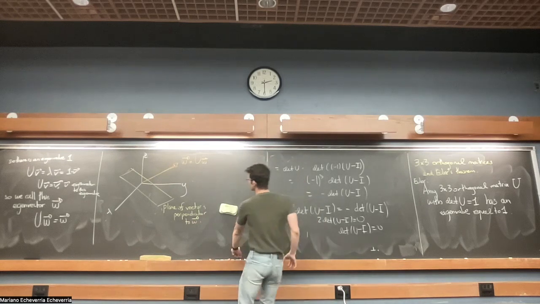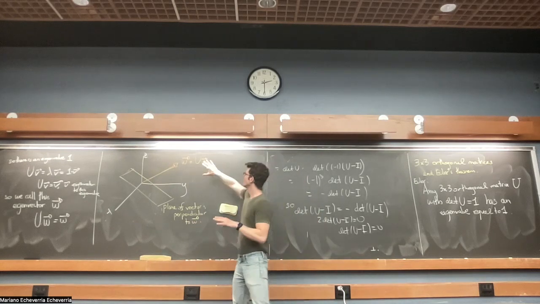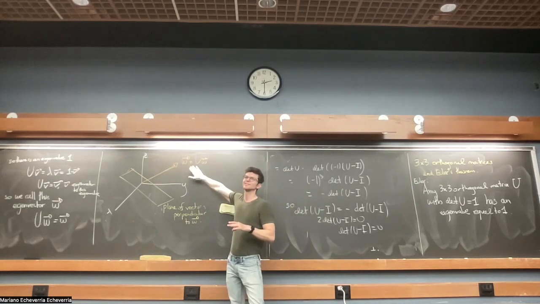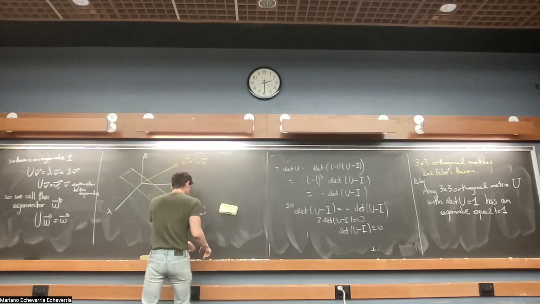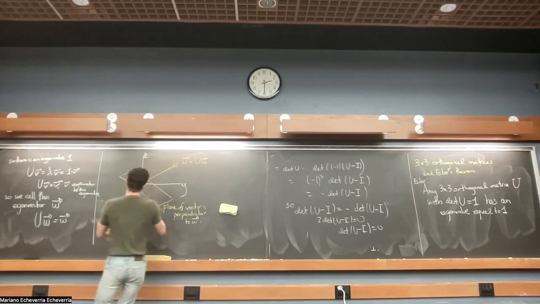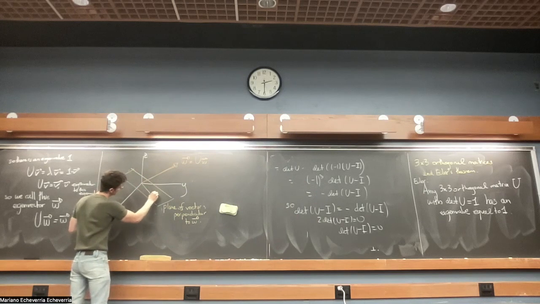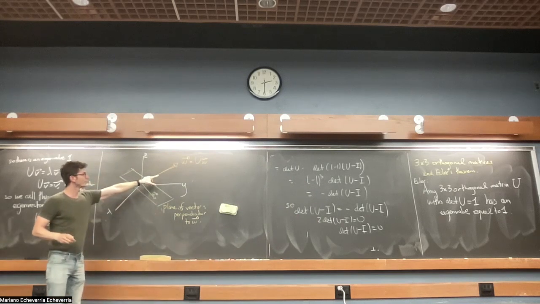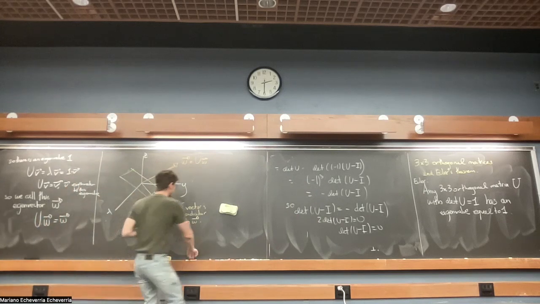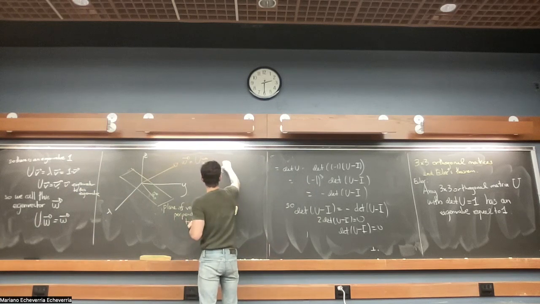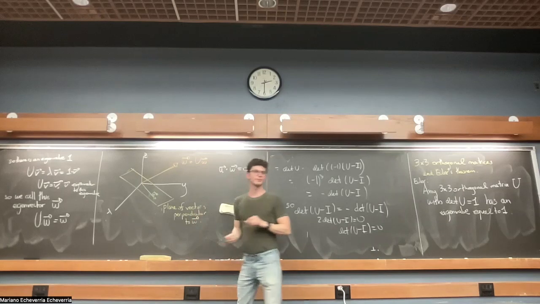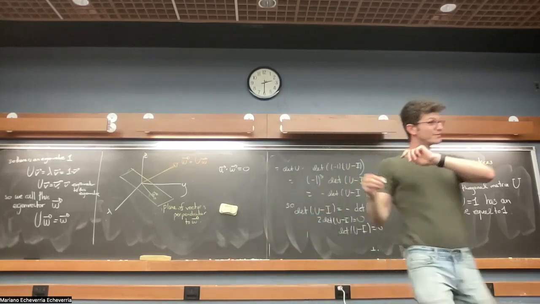And the thing is, remember the matrix U preserves dot products. So if you have a vector on this plane that's perpendicular to omega, that means their dot product is zero, right? Because that's what it means to be perpendicular. But U preserves this equation.